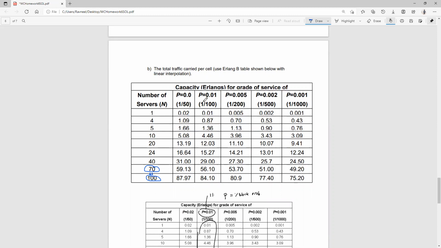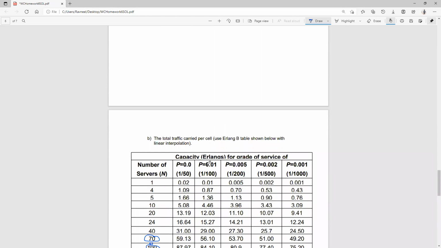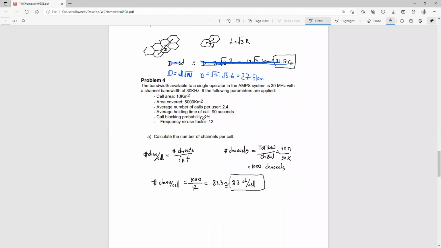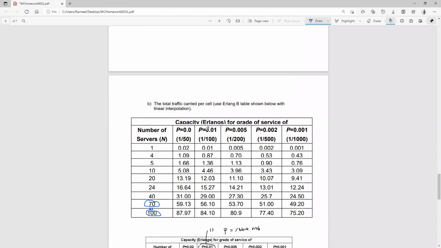And the probability we'll be using is the call blocking probability of 1%, which is given over here. So the call blocking probability is 1%, represented by 0.01. So basically we'll be using this particular column over here.